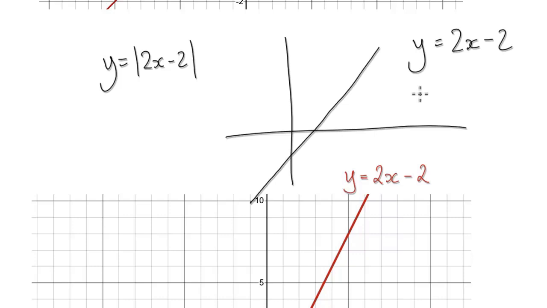But then you discard this part. Remember this is -2, it becomes +2. This is -6, it becomes +6. So your overall graph will look like this. Okay.